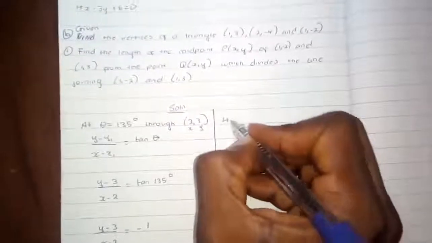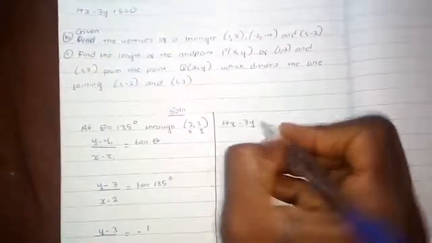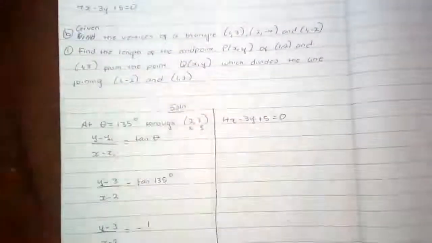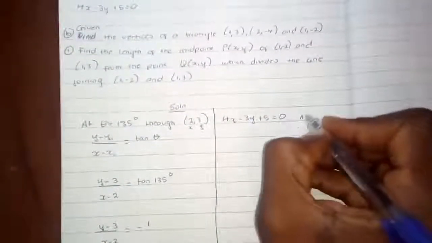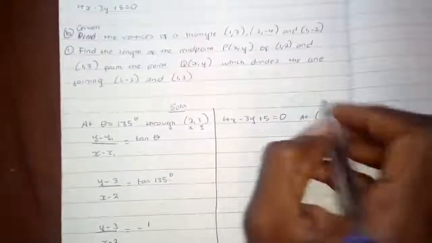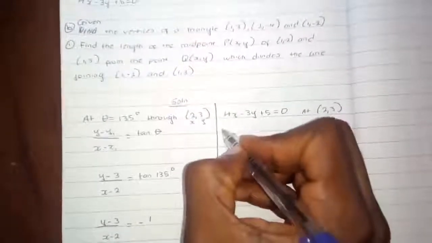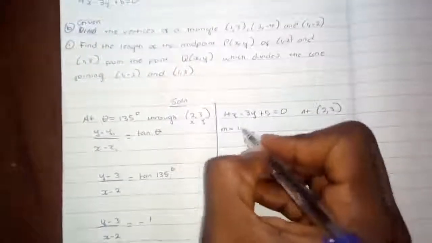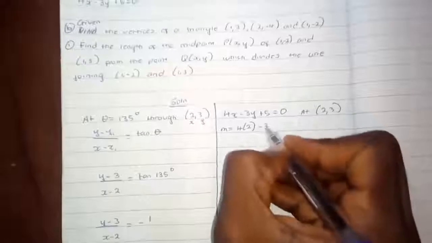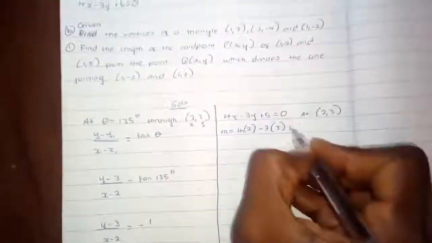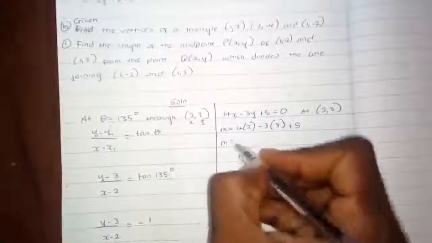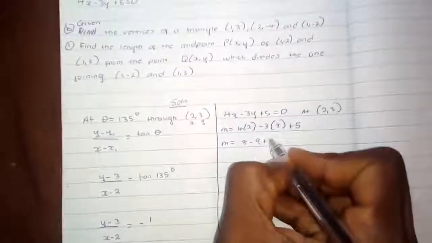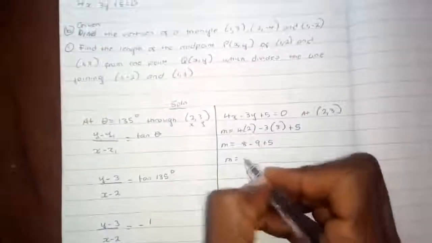Now when the line passes through this equation, 4x - 3y + 5 = 0, at the coordinates (2, 3), let's look for our gradient, which is also called slope. m will be equal to the value of x and y; just substitute the values of x and y into the equation: 4(2) - 3(3) + 5. Now m equals 8 - 9 + 5, so m equals -4.